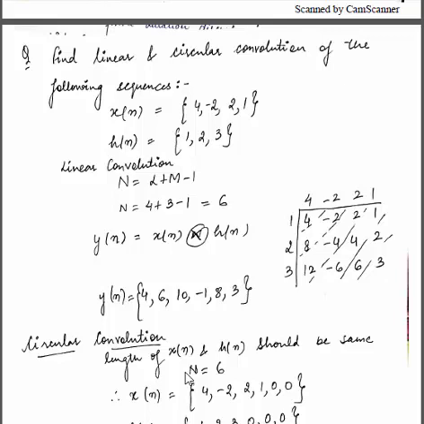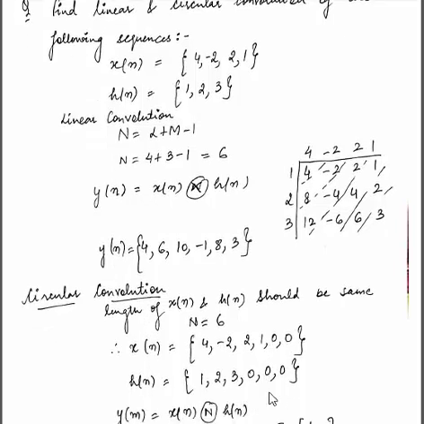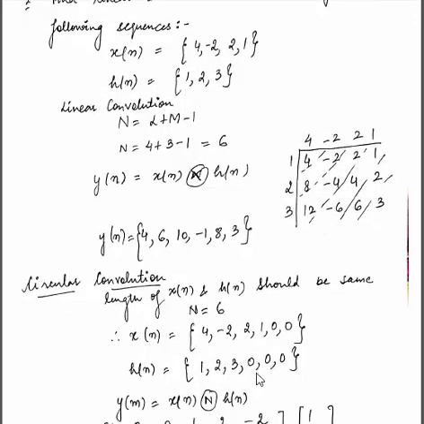In linear convolution N was 6, so the length of circular convolution should also be 6. So by padding zeros in x of n and h of n, we will make the length 6. So x of n is 4, minus 2, 2, 1, 0, 0, and h of n is 1, 2, 3, 0, 0, 0.